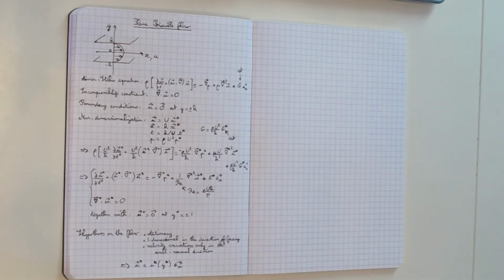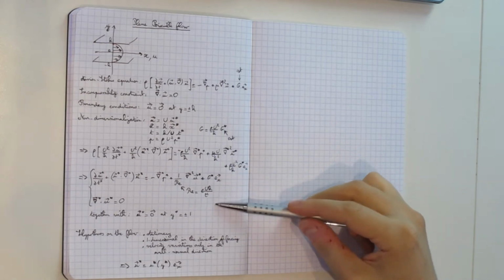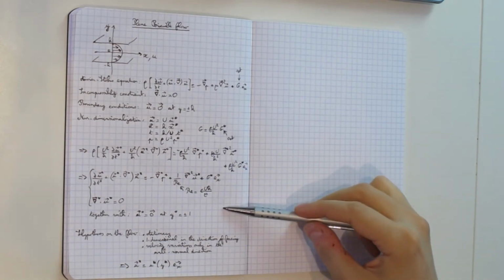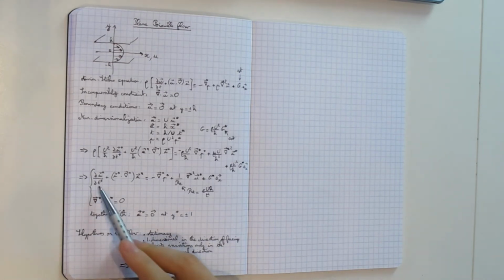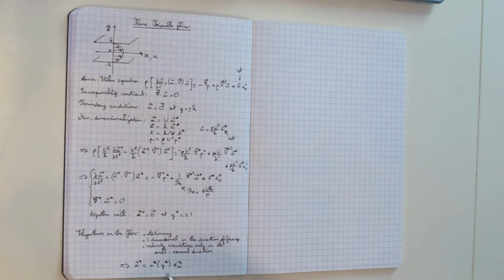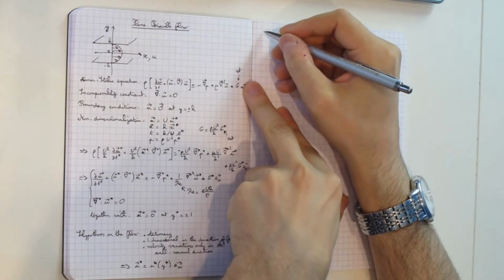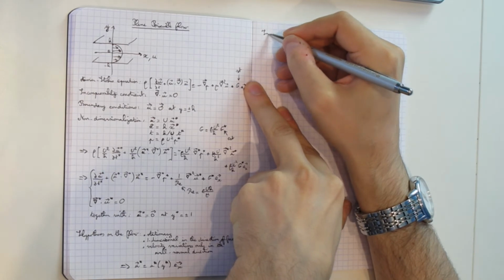So once we've got this written down, then we can express these equations, or what remains of these equations, in component form. So first of all, there is no time derivative here, nothing changes with time, so that term goes away.